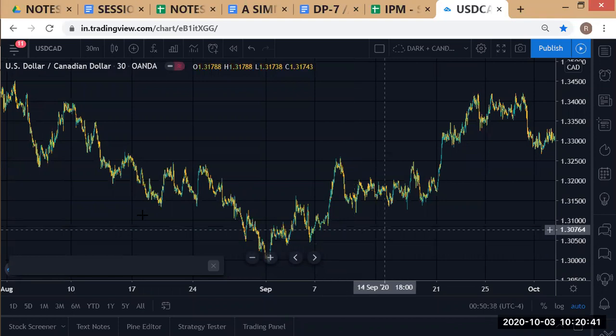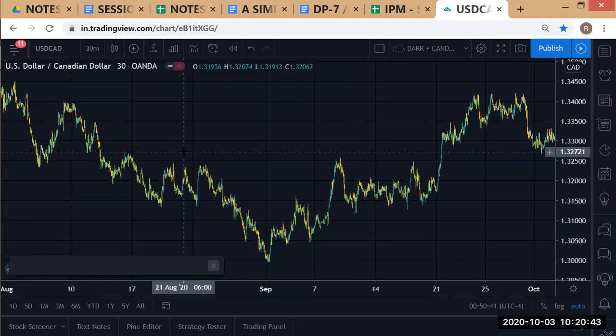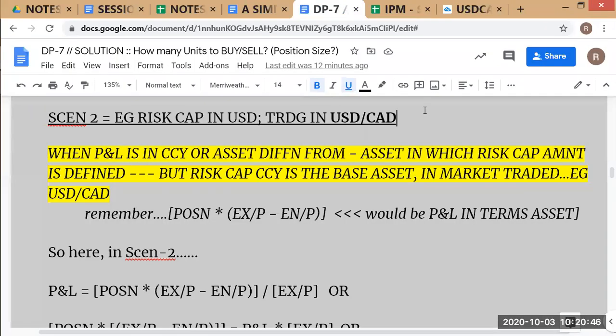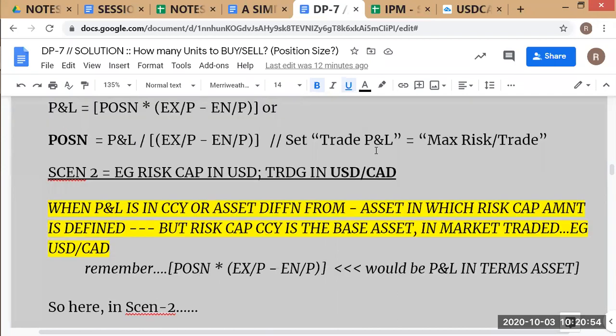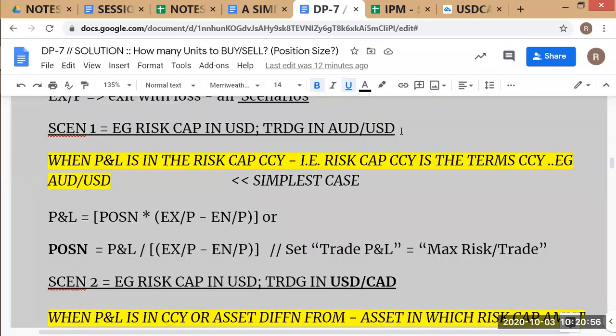Okay, so remember this: the convention in the currency markets is that the base currency is mentioned first and the terms currency is mentioned second. That's why, when we were trading the Aussie, the US dollar was the terms asset.